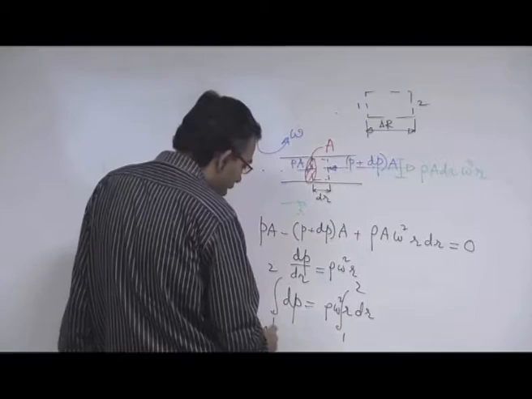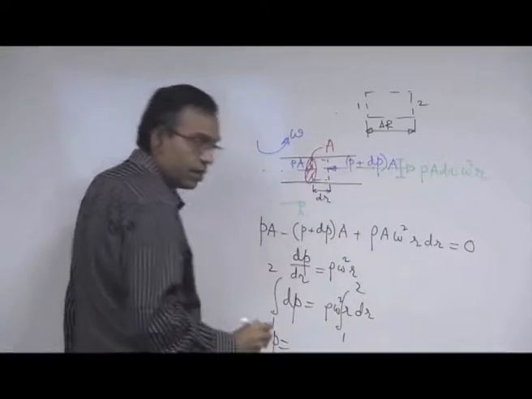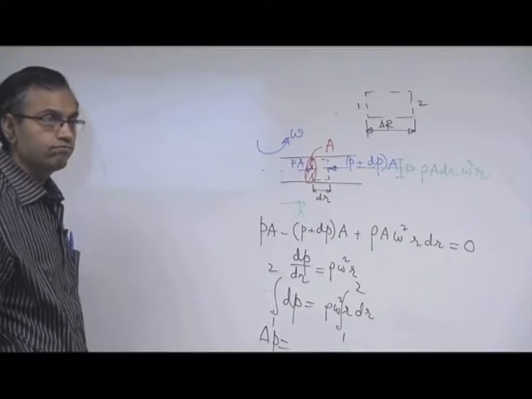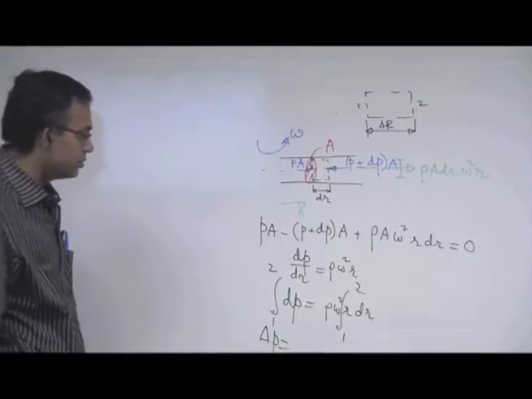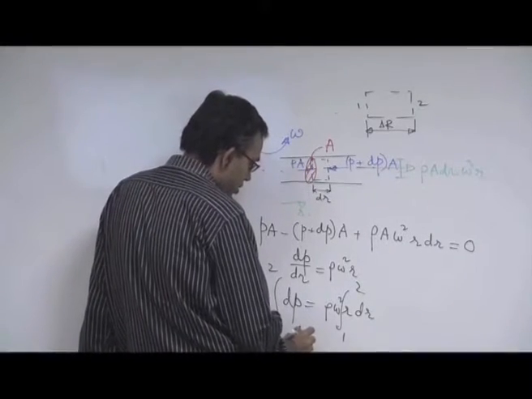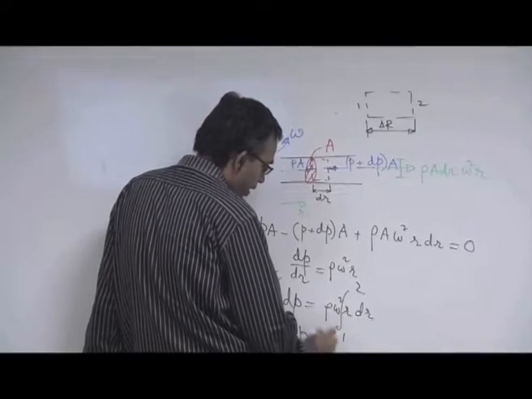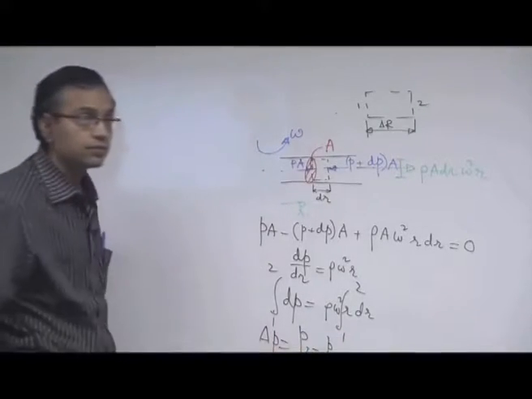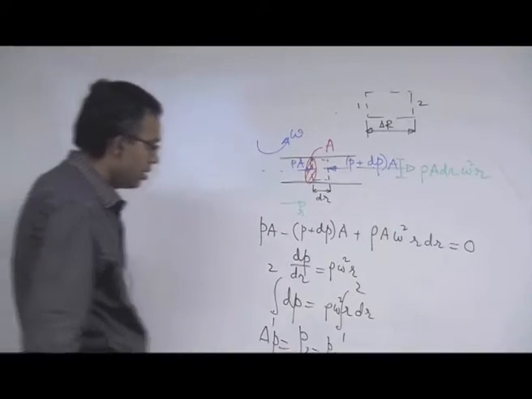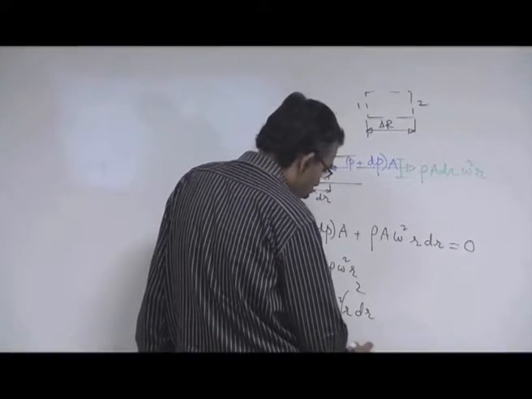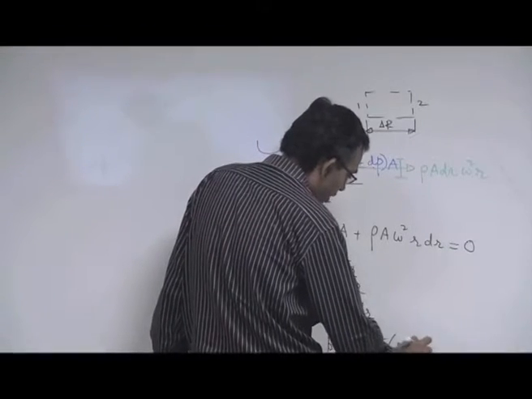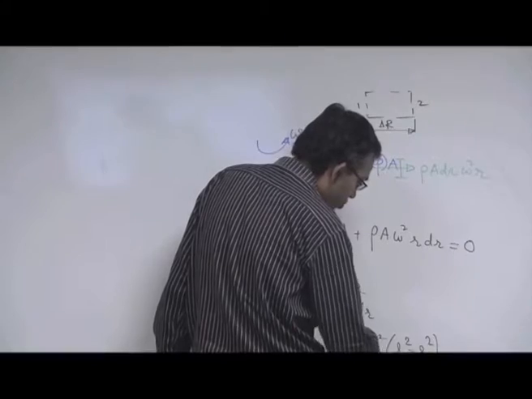So delta P is equal to what? P2 minus P1 is equal to rho omega square (r2 square minus r1 square) by 2.